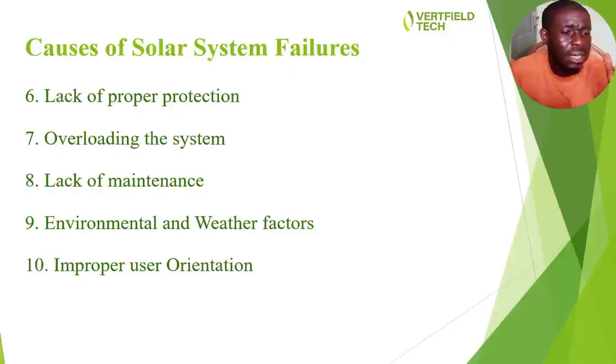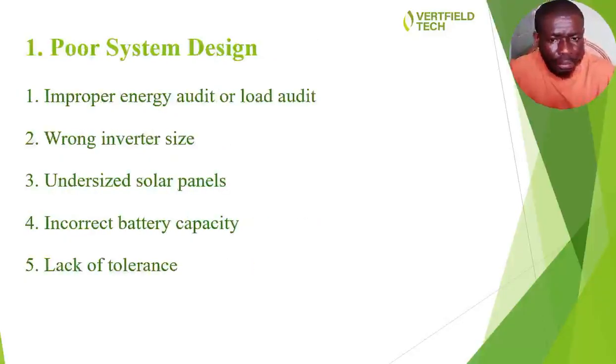These are 10 key factors that are the causes of your solar system failures. Let's take them one after the other to have a basic and in-depth knowledge of each of them.